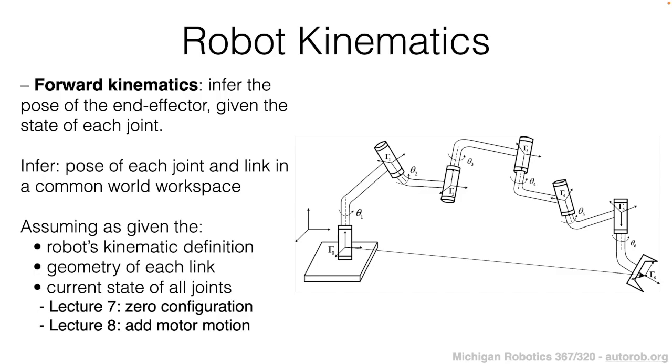Given that information, in lecture 7, this lecture, we're going to consider how we can configure the robot as a stationary structure. In the next lecture, lecture 8, we'll discuss how we can incorporate motor motion into that configuration such that the kinematic definition is still satisfied, even with the motor changing the configuration.